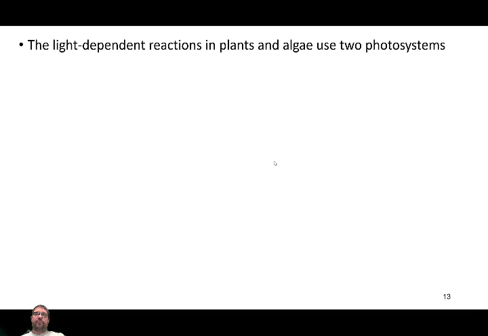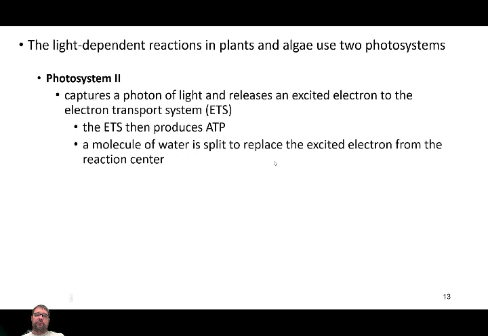Now, in plants and algae, because this is occurring inside chloroplasts, this occurs in two photosystems. The first one is photosystem 2. Photosystem 2 captures that photon just like we've talked about before, and the excited electron moves to the electron transport system. Along the electron transport system, a proton gradient is formed and ATP is produced.